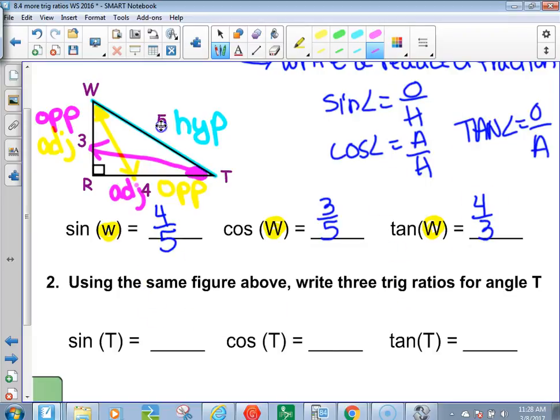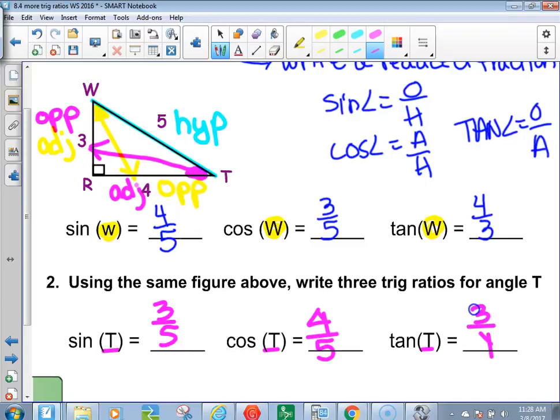So opposite over hypotenuse would be 3/5. Now I'm coming from angle T instead of W. The cosine would be adjacent over hypotenuse, 4/5. And the tangent from T would be opposite over adjacent, 3 over 4.